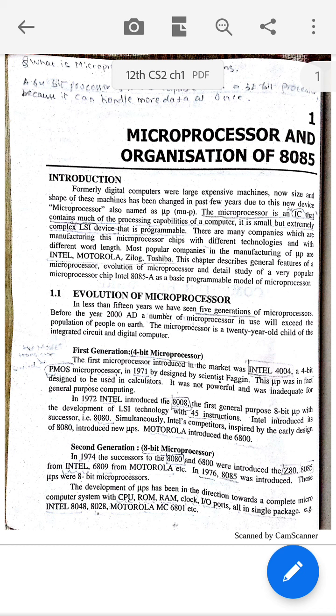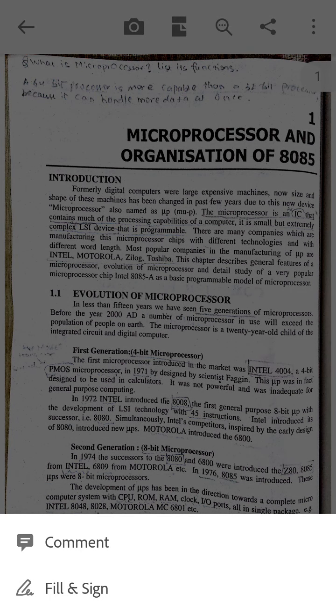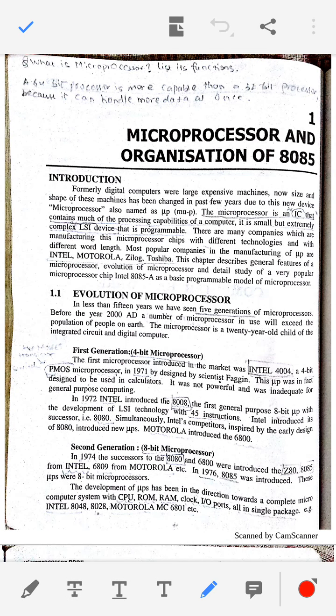This is your chapter 1. What is a microprocessor? As you can see, the definition is given here. The microprocessor is an IC that contains much of the processing capabilities of a computer.